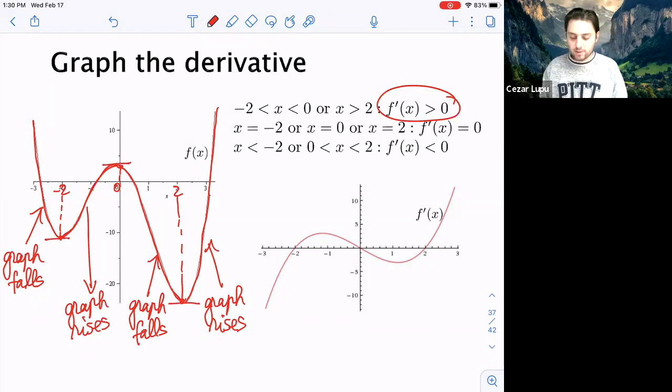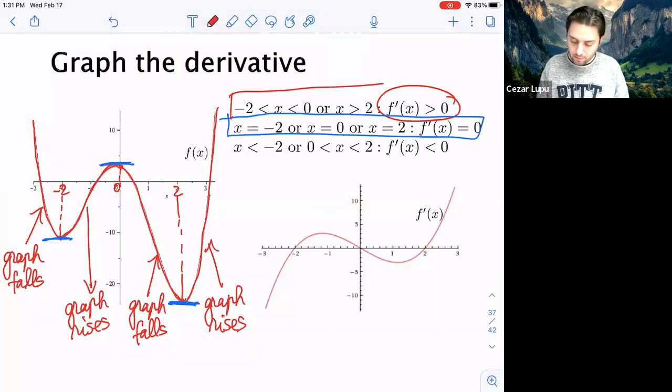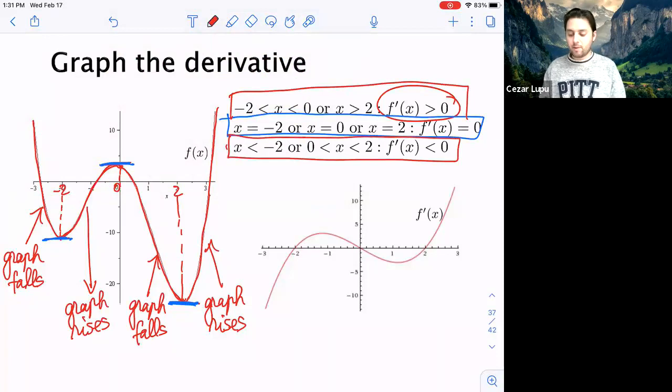Let me write this with another color. At these 3 points, the graph flattens, as you can see here. Other than that, the derivative is positive when the graph is rising, and the derivative will be negative when the graph is falling, right?